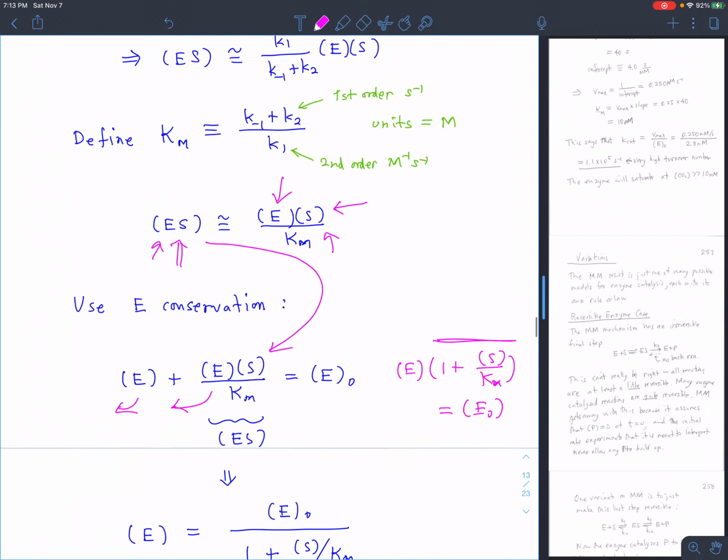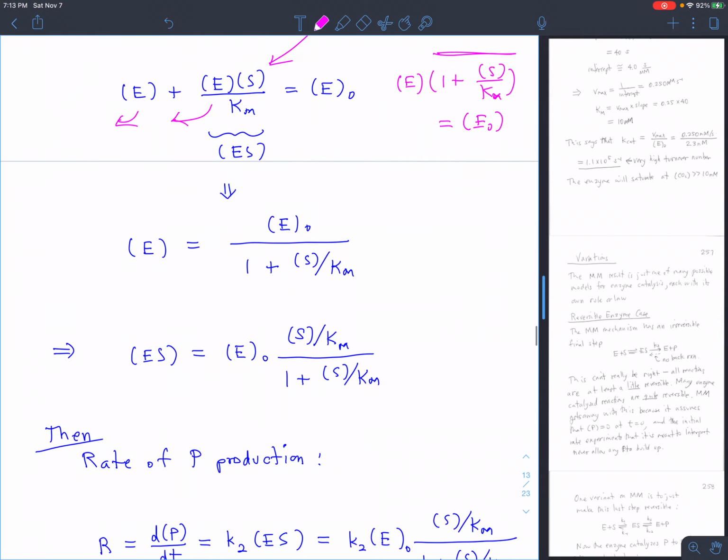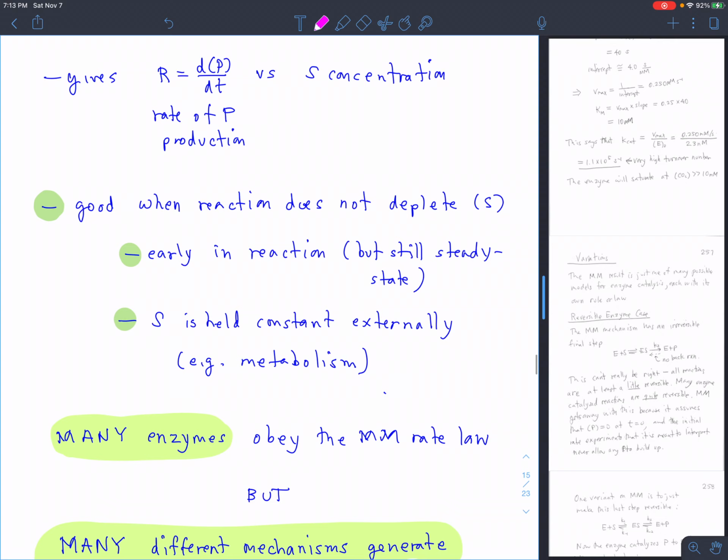That's one of the assumptions in the Michaelis-Menten law. And that's true only if we're early on in the reaction, so that the S hasn't had a chance to get depleted appreciably. It is getting used up and the concentration maybe is falling a little bit, but not enough to worry about. Then this assumption that the S concentration is constant is a decent one.